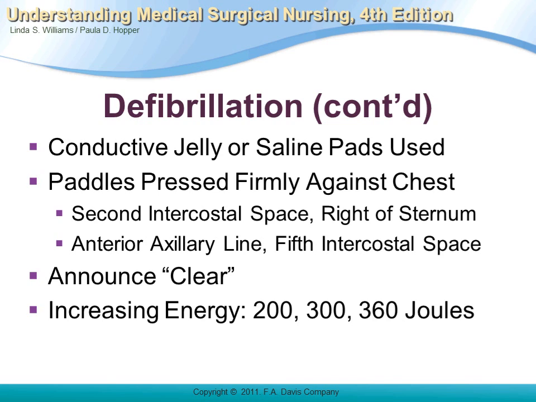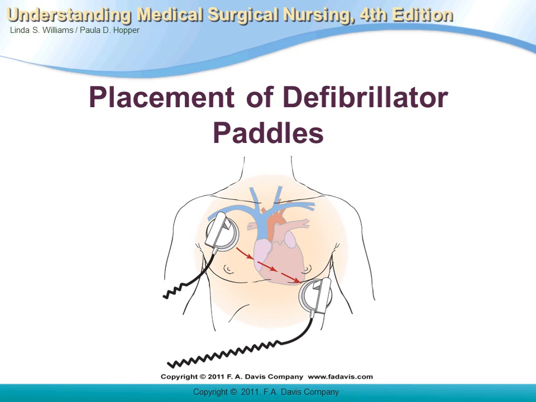You need to announce clear, and the energy delivered is measured in joules, and typically you start low and you go high from 200, 300, 360. Here's placement of those paddles so that that electrical shock can go across that heart.